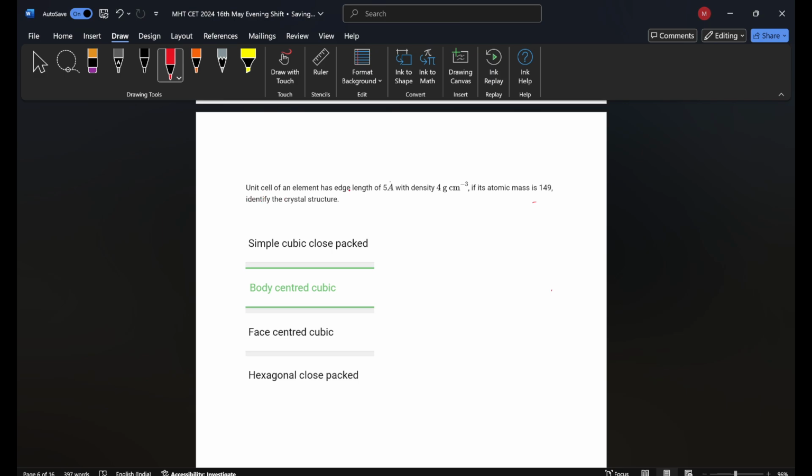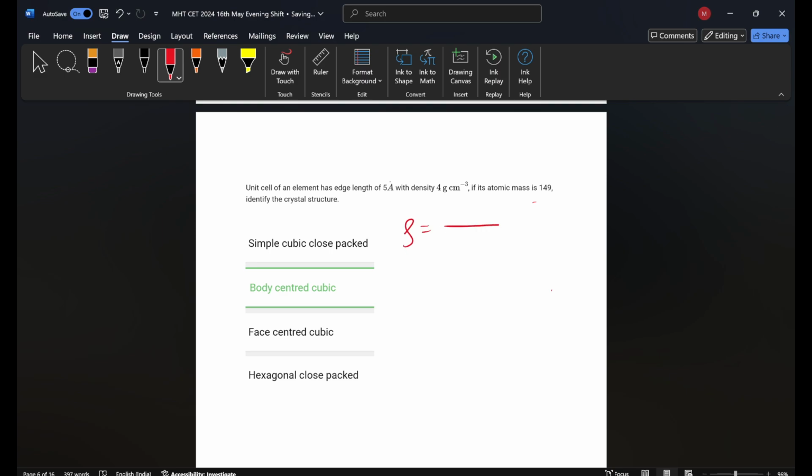Unit cell of an element has an edge length of 5 Armstrong with a density 4 gram per centimeter cube. If its atomic mass is 149, identify the crystal structure. The answer is already revealed, so I will solve it. So we know the formula.